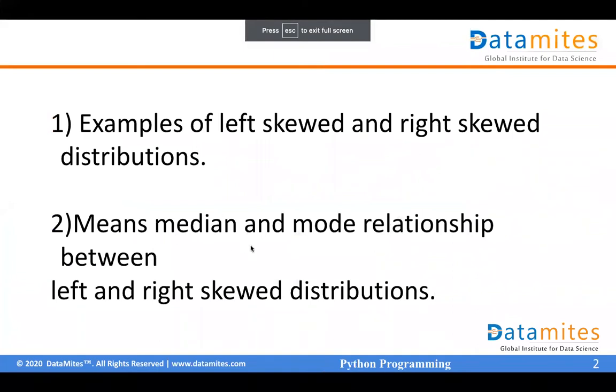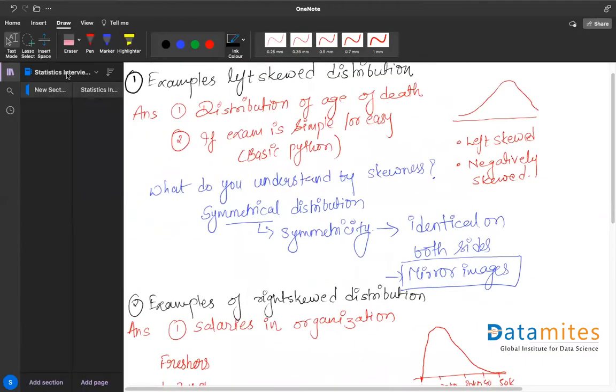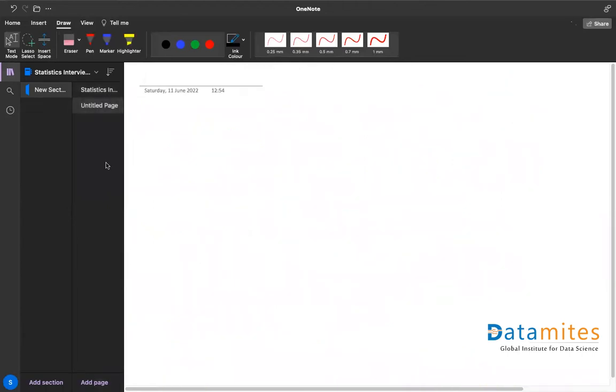Okay, so mean, median, and mode relationship between right and left skewed distribution. I hope everyone knows this, right? So the question here is the relationship between mean, mode, and median for skewed data or skewed distribution.